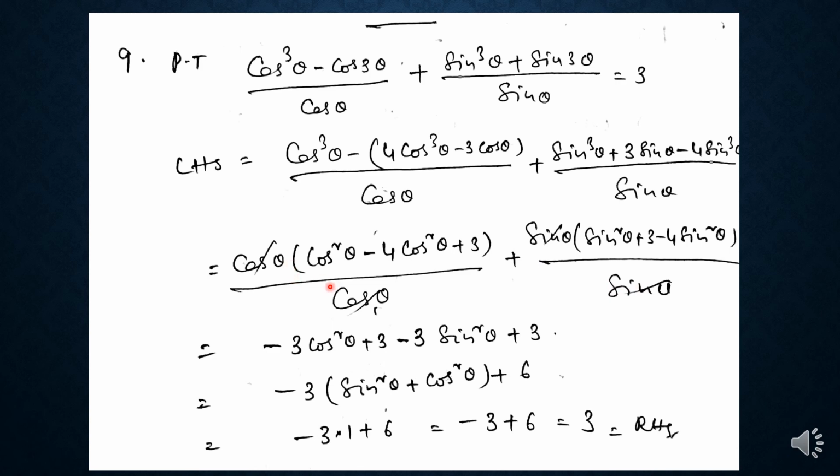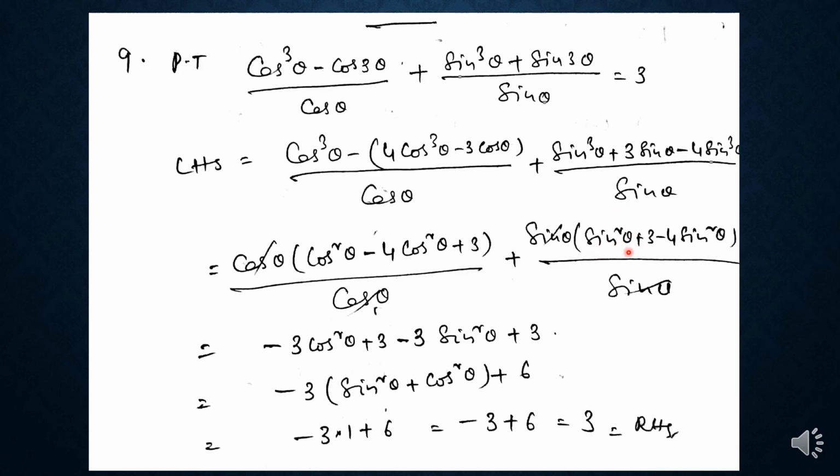Now the remaining function is cos square theta minus 4 cos square theta plus 3. Here cos square theta and minus 4 cos square theta are like terms. Cos square theta minus 4 cos square theta means minus 3 cos square theta plus 3. Here sin square theta and minus 4 sin square theta are like terms.